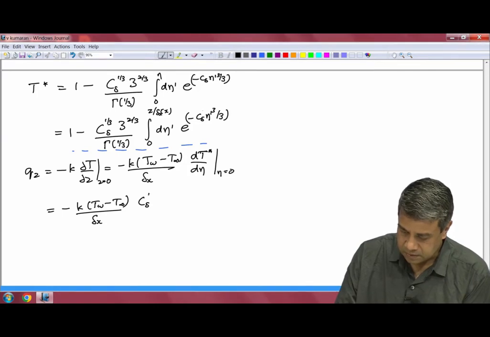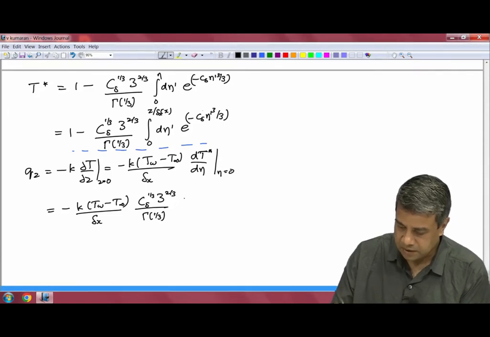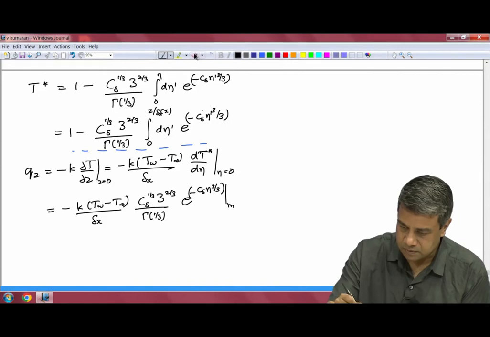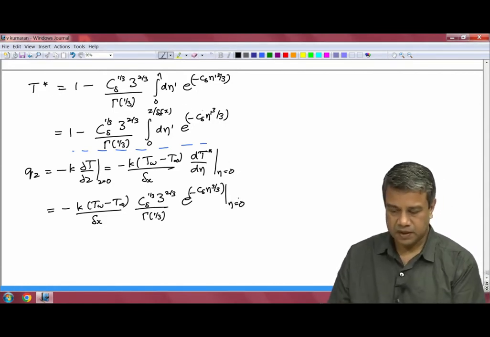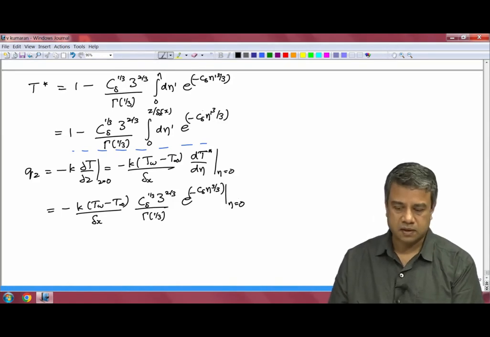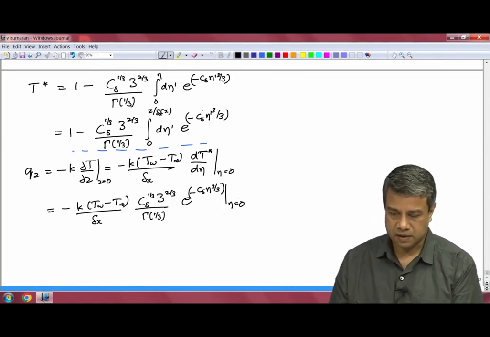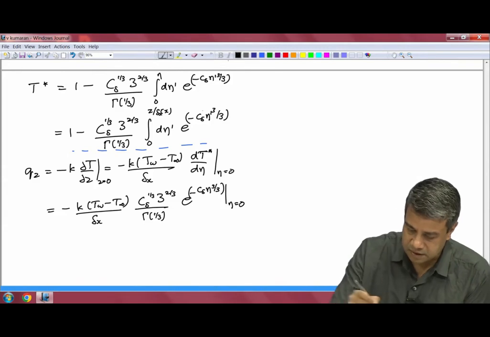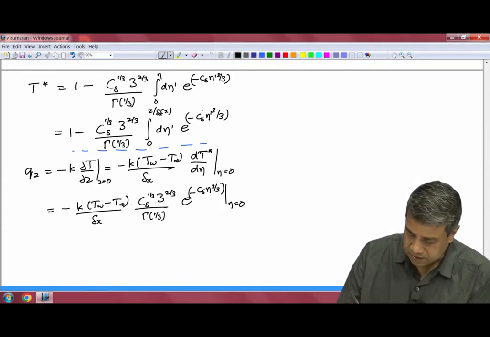So this is equal to C delta power 1/3, 3 power 2 by 3 by gamma of 1/3, into e power minus C delta eta cubed by 3, at eta equal to 0. And at eta equal to 0, this term just becomes equal to 1. I should note that I have a negative sign here, so I should have a negative sign here also.